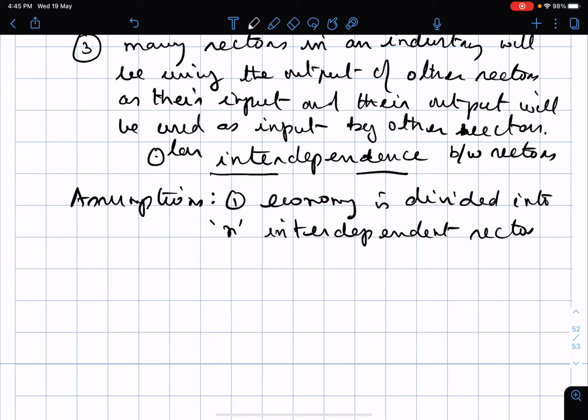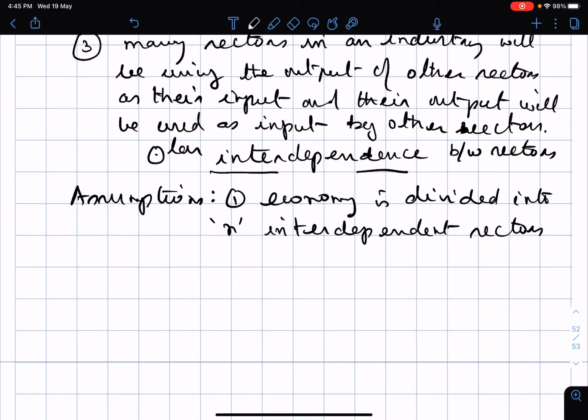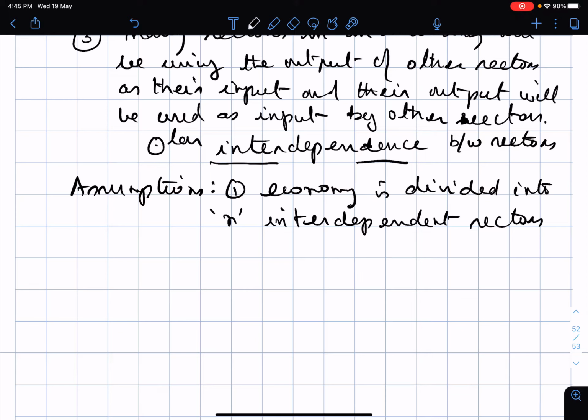We are going to see with 2 sectors first, then 3 sectors if available. The sectors can also be called industries; both are the same.